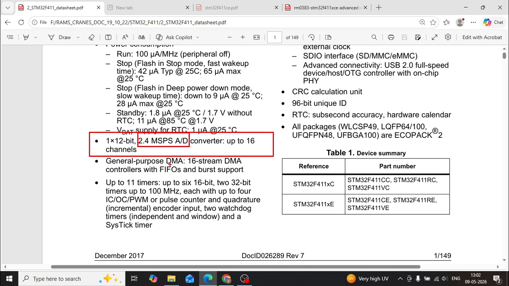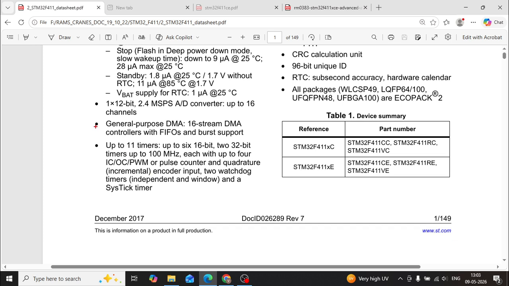That means it is able to generate 2.4 mega samples in 1 second, which is a very good thing about this microcontroller. Then DMA, which stands for direct memory access. We have a 16-stream DMA with different FIFOs, which is used to transmit data from one peripheral to another peripheral.